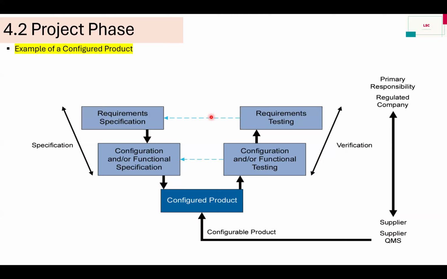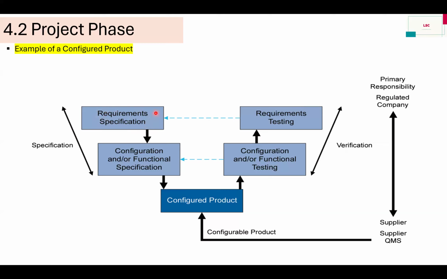Okay. The second example is configured product, that is category 4 product. Okay. These may be installed on premises by the regulated company or, increasingly for IT applications, such as SaaS. So in this case, based upon satisfactory supplier and risk assessment, a flexible approach to specification and verification may be applied. Okay. So what happens? We have some requirement, right?